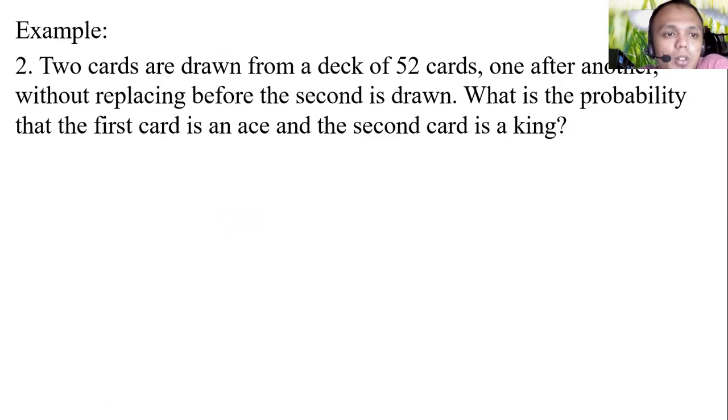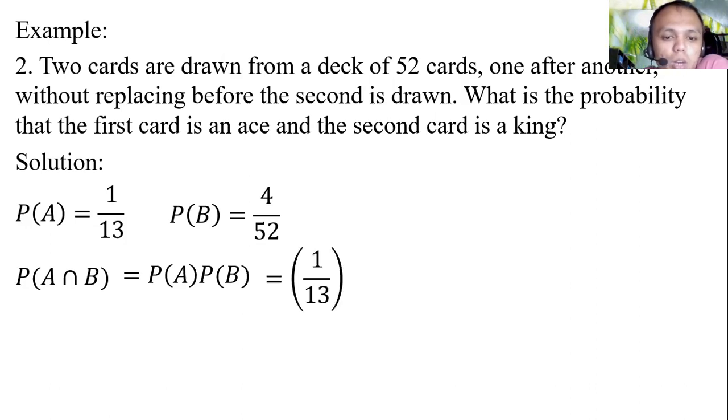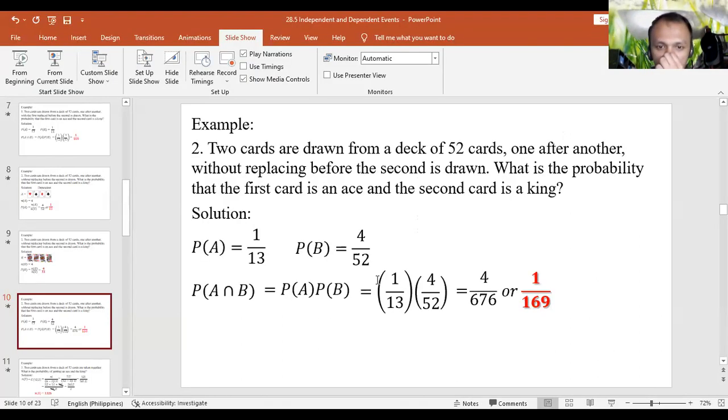Okay? Now, let's go to dependent probability. What is the probability of the intersection of A and B? We have probability of A times probability of B. What is your A? 1 over 13. What is your B? 4 over 51. Wait.